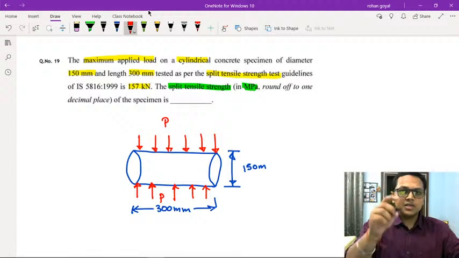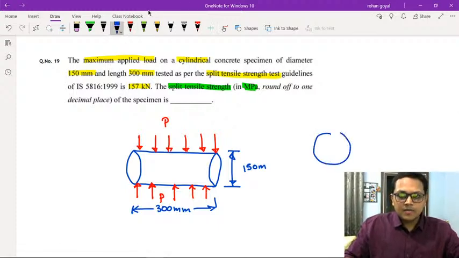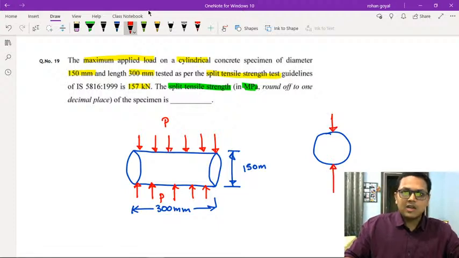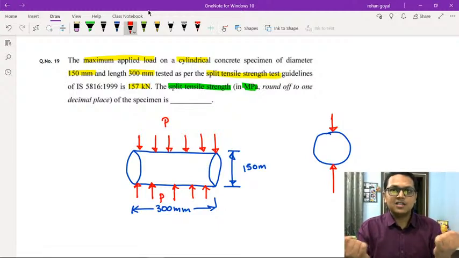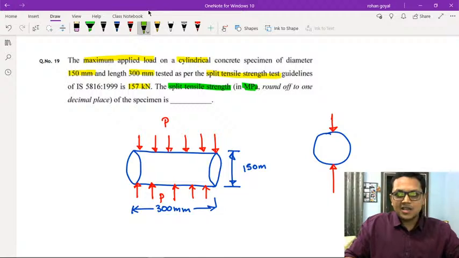And because of this compressive stress, if we see the cross section of this specimen, there will be a tensile stress in the lateral direction.